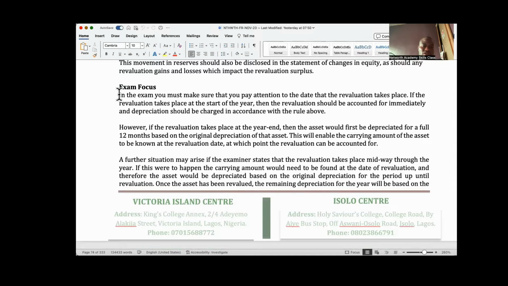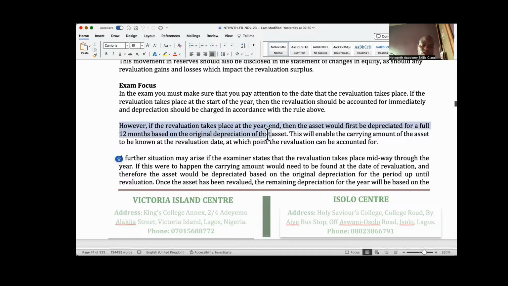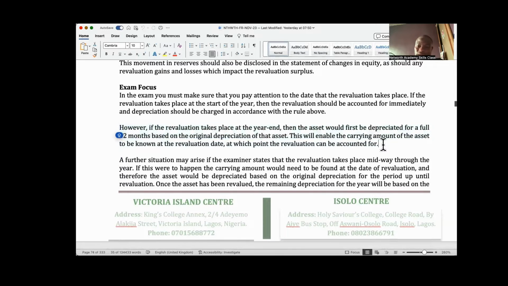So I gave you some key points for your exams here. Whenever you have revaluation, the first thing you need to always do is to calculate a revaluation gain or a revaluation loss at the date of revaluation. And I also talked about if the revaluation is done at the beginning of the year, that means the depreciation for that year going forward will be on the basis of the new value.